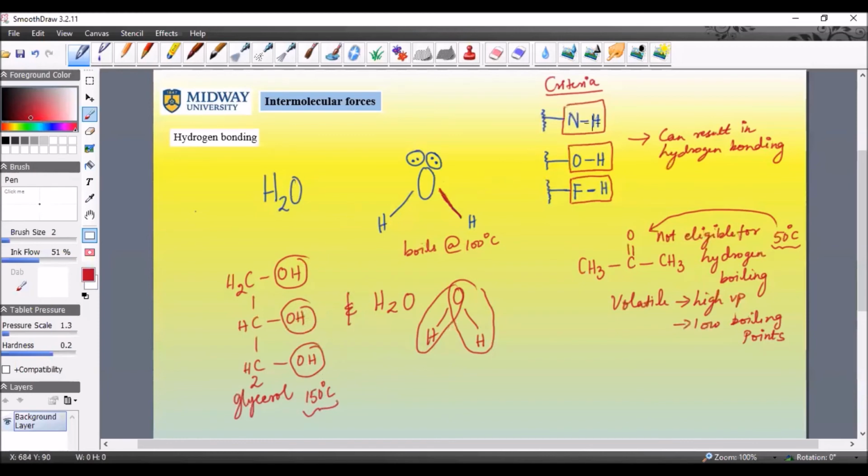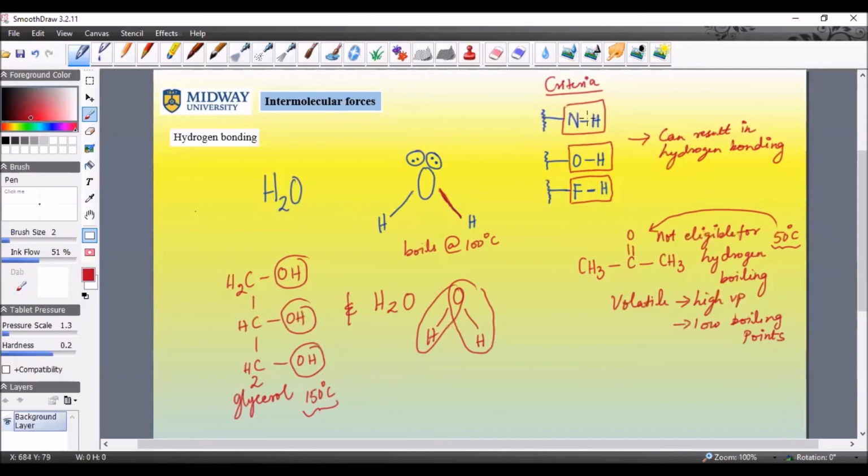The conceptual questions I might test you on for this concept: I could give you a bunch of molecules and have you identify which ones can result in hydrogen bonding, or once you've identified which ones have hydrogen bonding, sort them from low boiling point to high boiling point. How do we determine that?